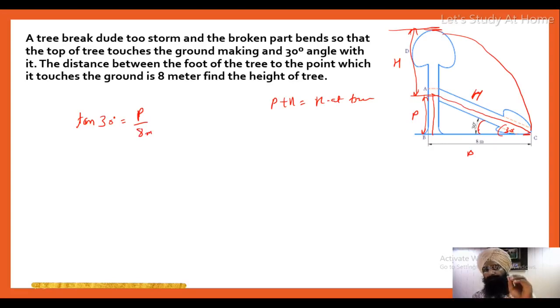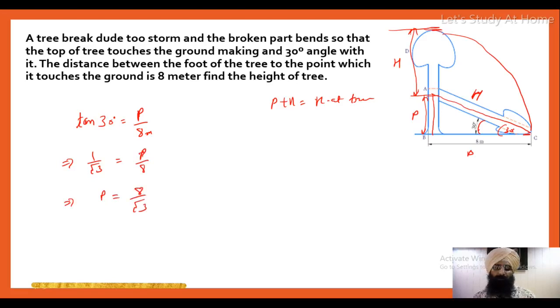I will just solve the question, because if I write everything the video will be too long, and there are so many problems to complete in this video. So tan 30 is equal to 1 by under root 3, that is equal to perpendicular upon 8.